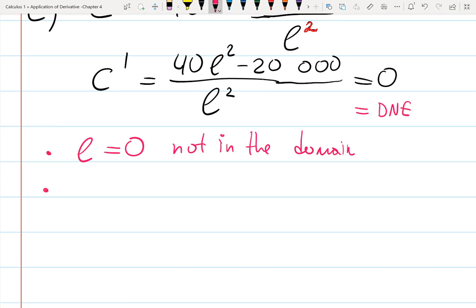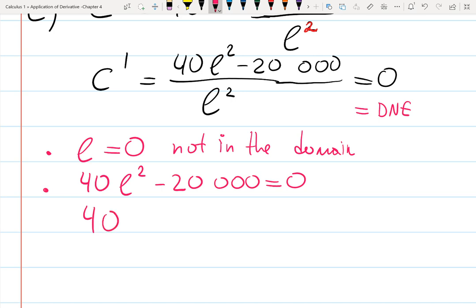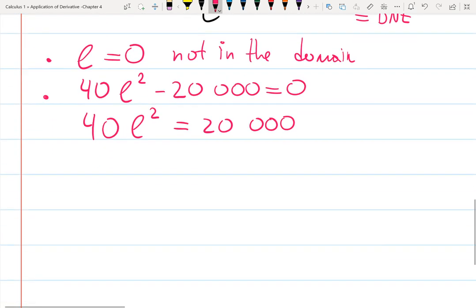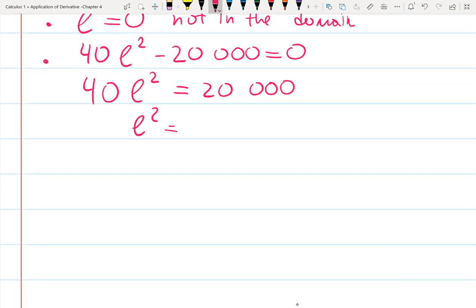And then the zeros are coming from the top of the fraction, 40L squared minus 20 thousandths equals 0. So this quadratic equation, 40L squared equals 20 thousandths, L squared equals 500, right?